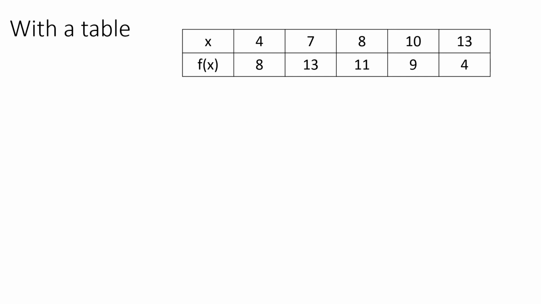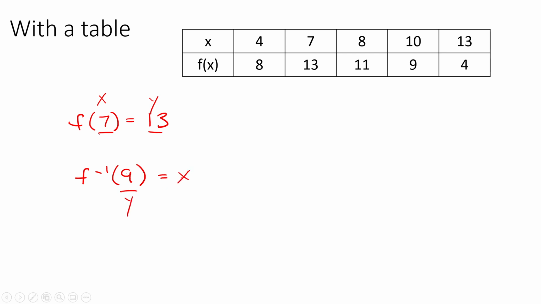So looking at a table, normally if I said find f of 7, well, you would go to your x, okay, 7, and you would get your y value. So now if I do f inverse of, let's just say, 9, normally we plug in an x and we get out a y, but the inverse switches things, so now we're going to plug in a y and get out an x.